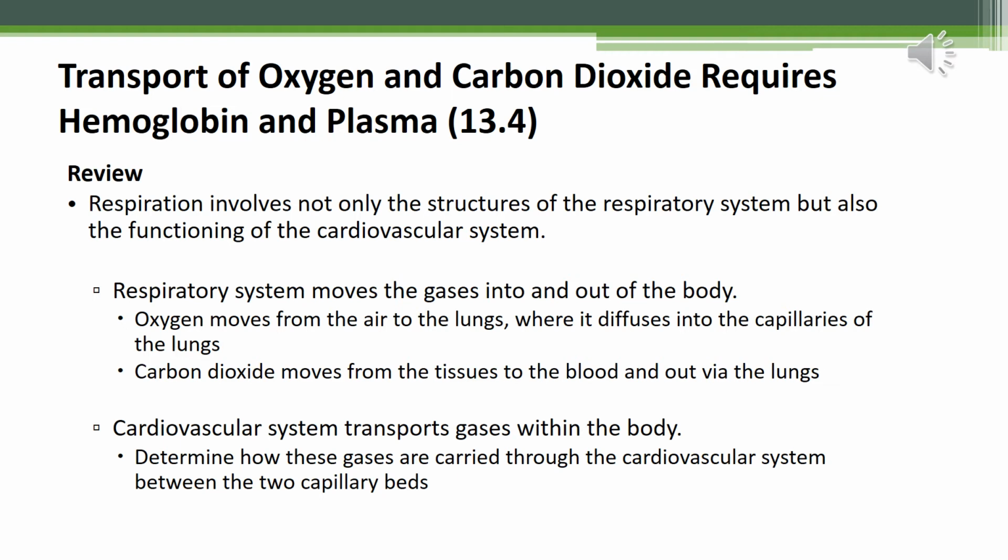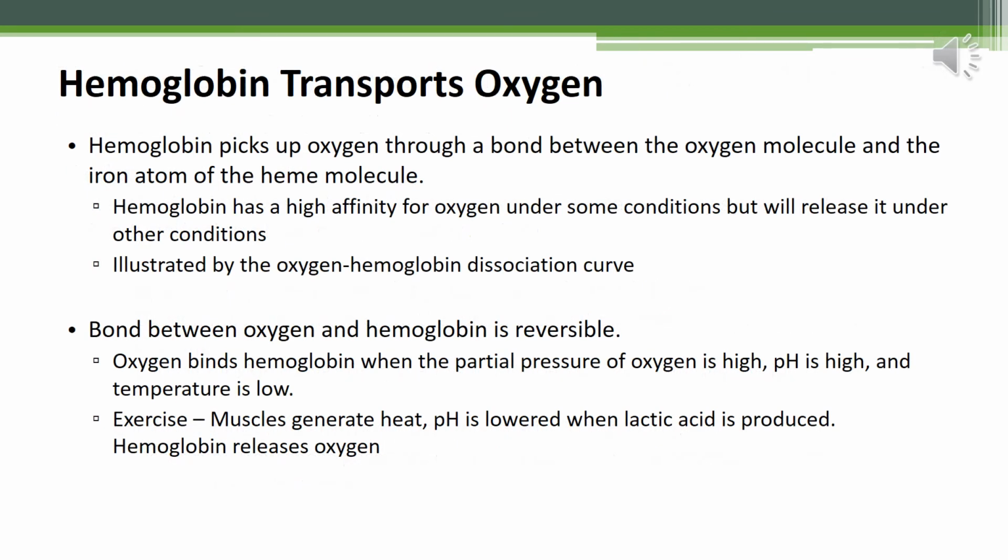The cardiovascular system transports gases within the body, and this determines how these gases are carried through the cardiovascular system between the two capillary beds. So we've talked about it in the previous chapter, but hemoglobin transports oxygen.